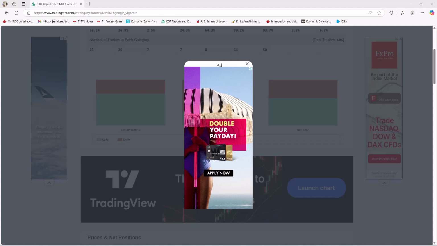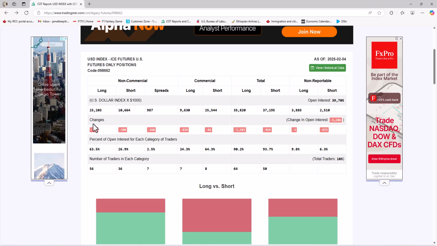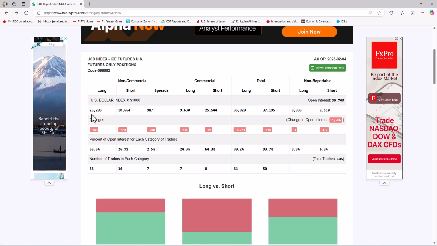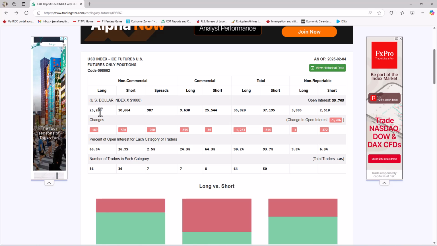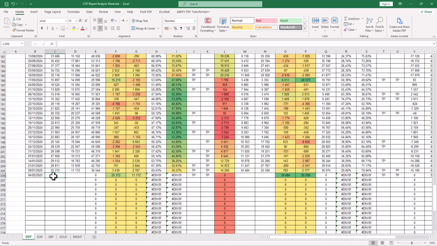With the non-commercials, you can see they've got 25,203 positions to the upside on DXY. So that's 25,203. I do this manually, I'm not going to beat about the bush.